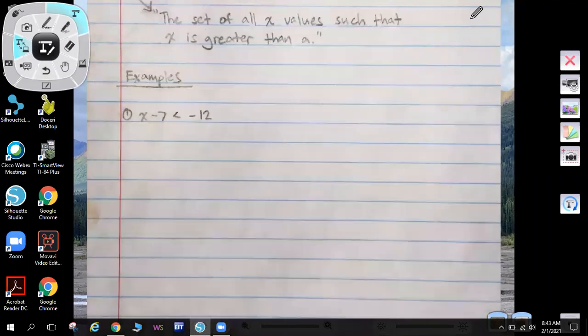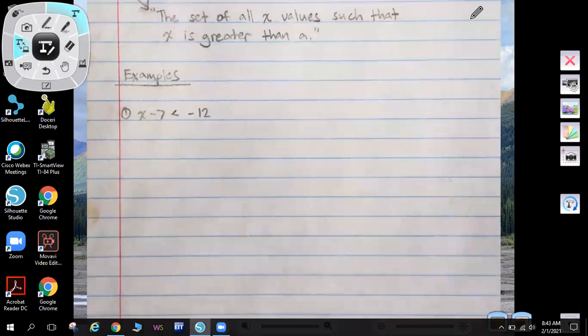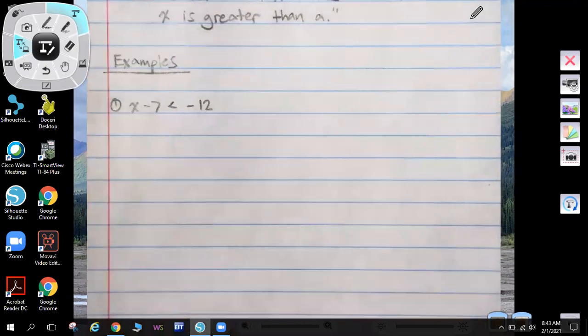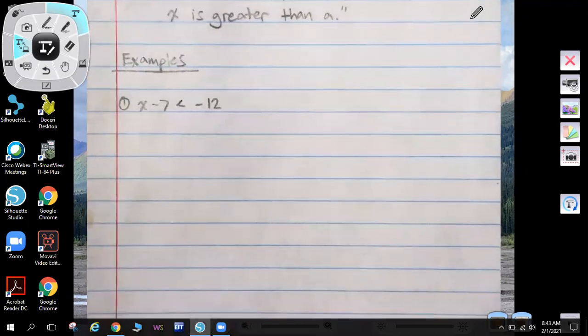First example, x minus 7 is less than negative 12. The way that you solve an inequality is not much different than how you solve an equation. We're just going to solve by getting x by itself.